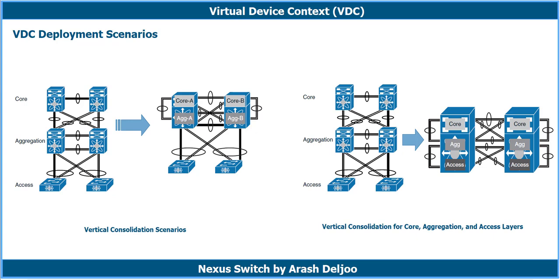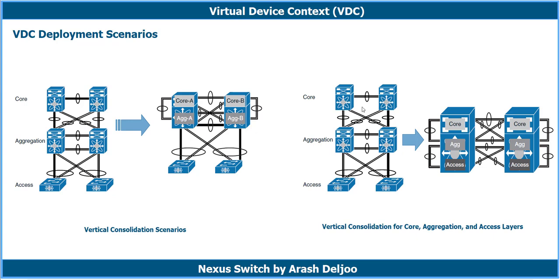Although the port count is the same, it can be useful because it reduces the number of physical switches. This can happen by creating two VDCs, as you can see in the left figure. VDC1 accommodates core A and aggregation A, and VDC2 accommodates core B and aggregation B. You can allocate ports or line cards to the VDCs.